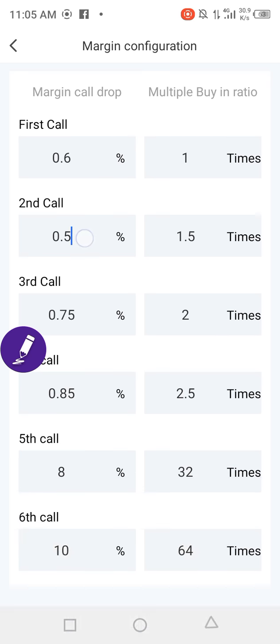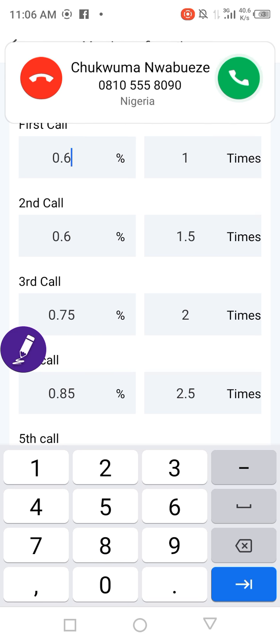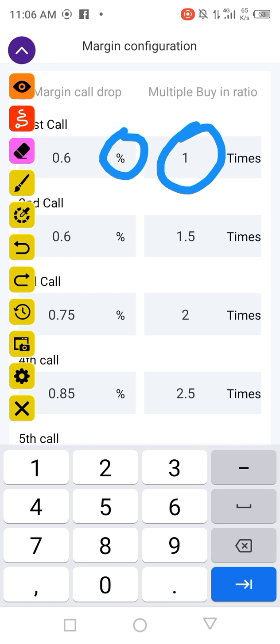So what this thing means is you are not telling the system, after the initial purchase of $10, if this coin did not rise for a sale, of course, if it rises, it will sell, it will not call. But if it drops from the initial price 0.6%, buy one time for me.